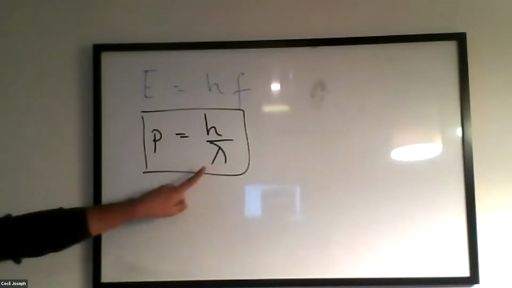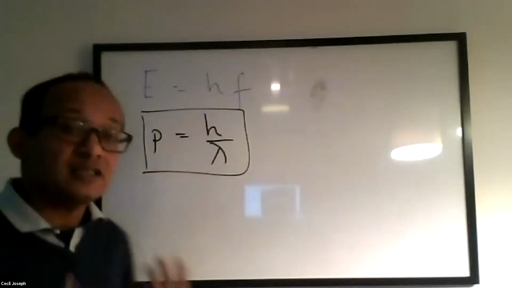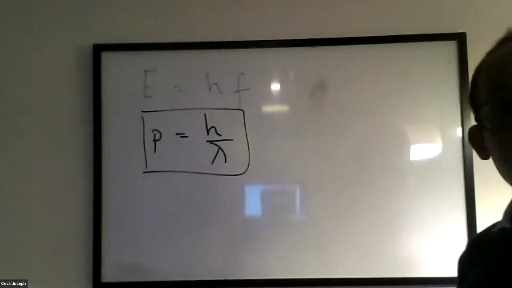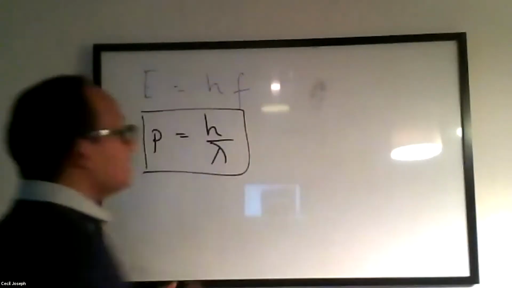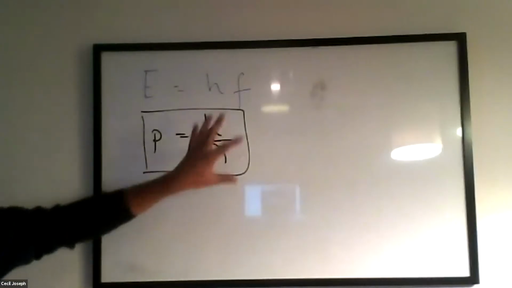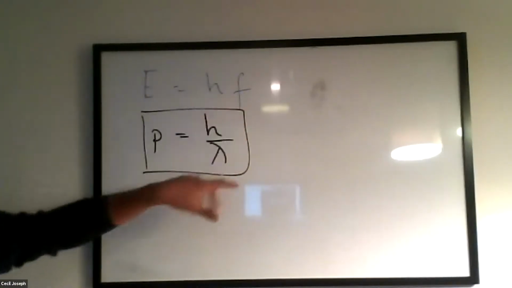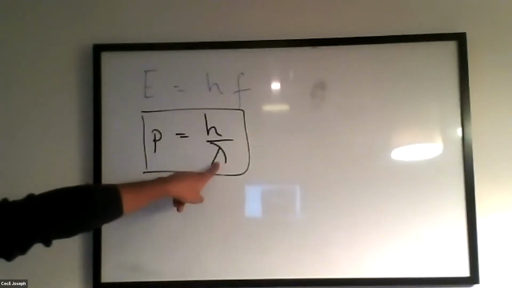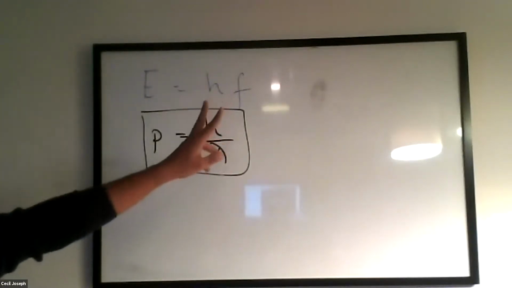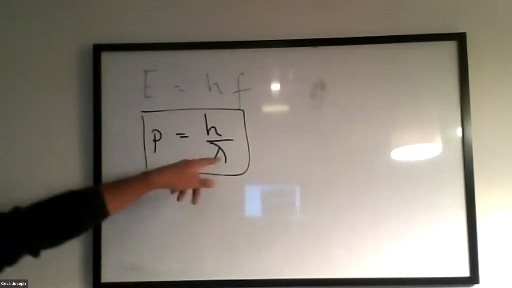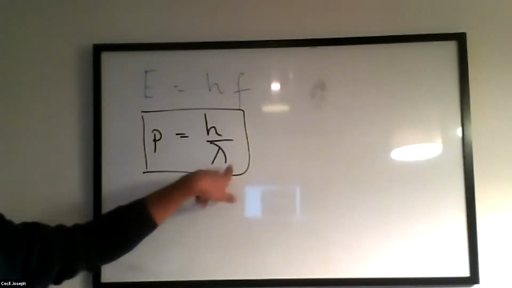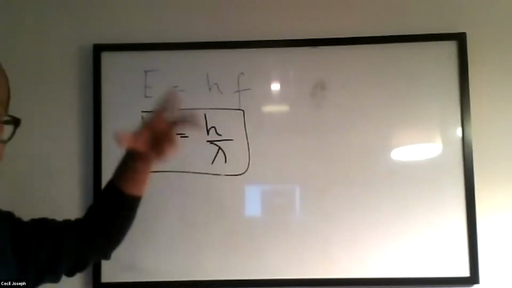It is inversely related to its wavelength, and h is Planck's constant, 6.6 times 10 to the minus 34. So every photon of some wavelength lambda has a certain amount of momentum. And remember, lambda and frequency are inversely related, so this would be hf over c. So in terms of frequency, the momentum of a photon increases with its frequency.